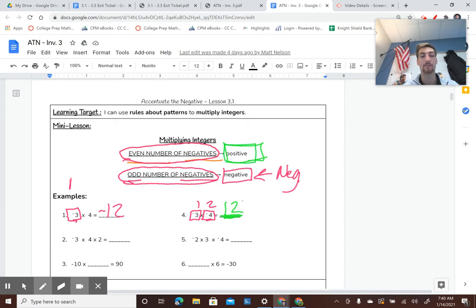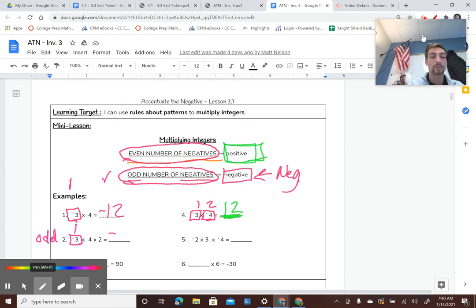All right, now we're looking at problem 2. This one, we have 3 numbers, but again, we're just taking a look at, do we have an odd number of negative numbers in our problem, or do we have an even number of negative numbers in our problem? So I'm going to go ahead and circle all of my negative factors in red, and we see right here that we just have one negative factor. 1 is an odd number, and so I go up here, and I look, odd number of negative factors, my answer is going to be negative.